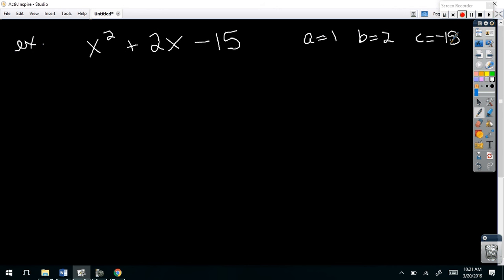I want you to see that we are literally following these step by step on that sheet. Step number 3 says multiply A and C. Now, you don't know how we got that?